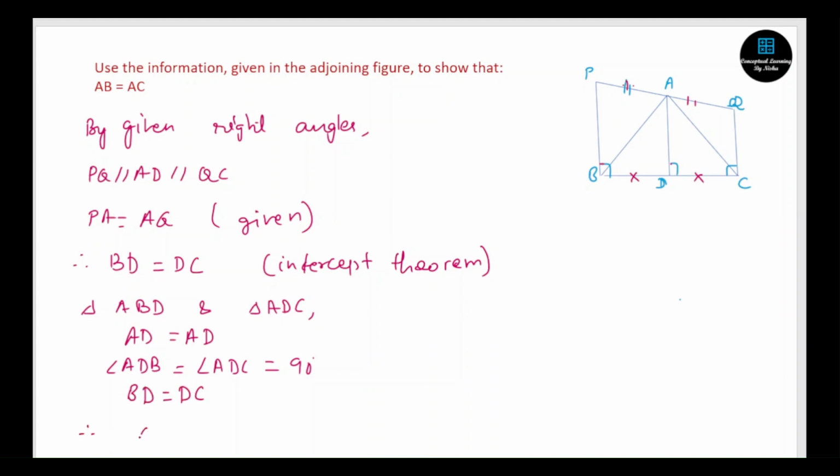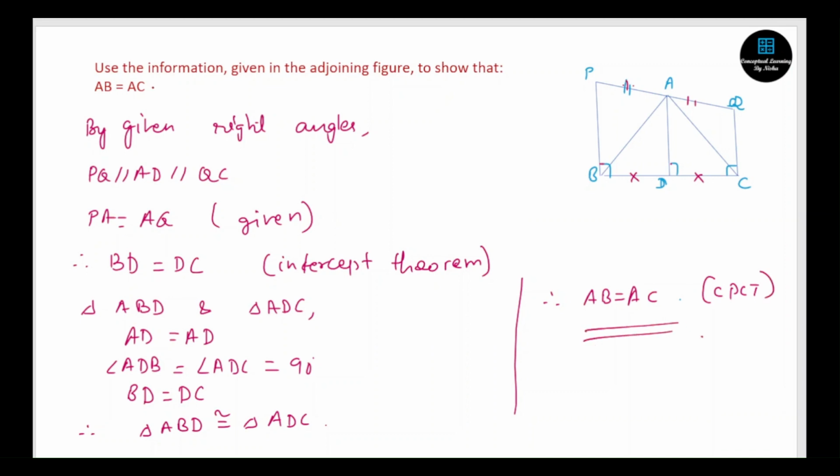Therefore these two triangles are congruent, correct? So by CPCT, what can I say? Therefore AB is equals to AC, correct? We proved this result, right? I hope you understood all.